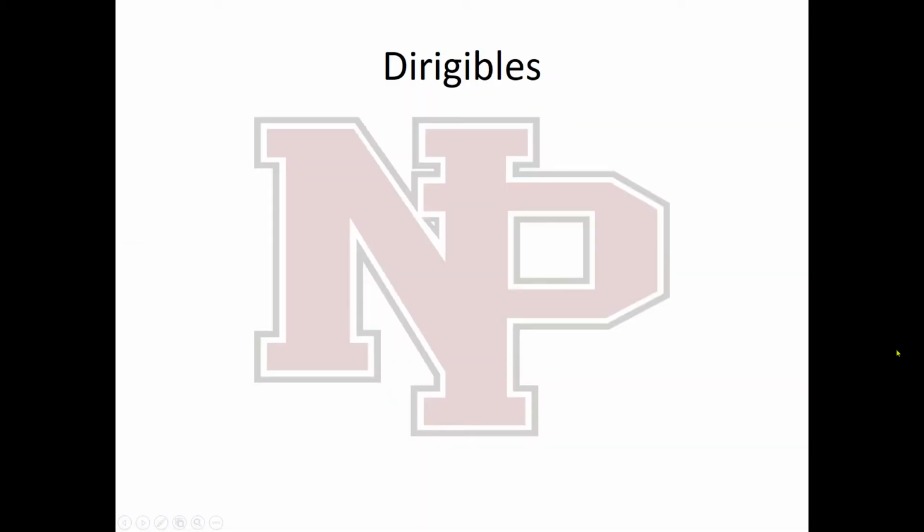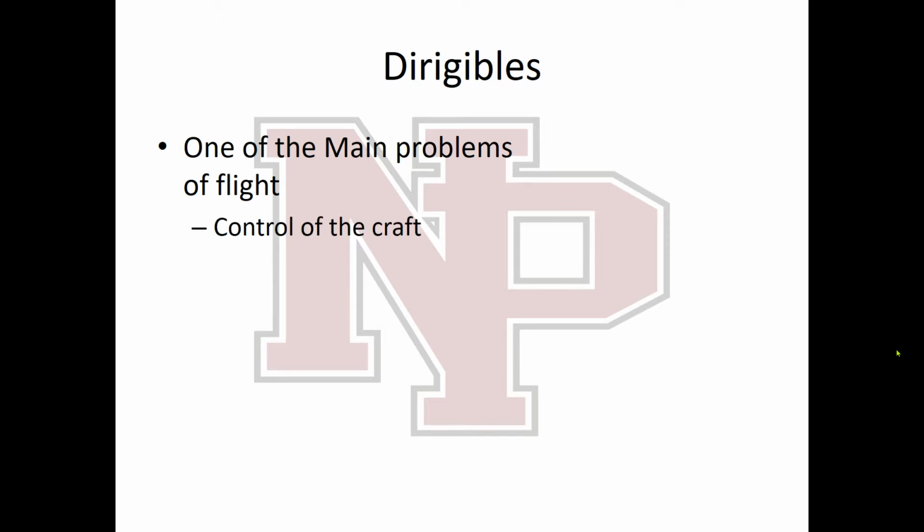So what we're going to start here first is talking about dirigibles. And in order to start talking about the dirigibles, one of the main problems of flight, we have to determine what that main problem was with the hot air balloon. And like I said at the tail end of the last PowerPoint, it was really ultimately control of the aircraft.